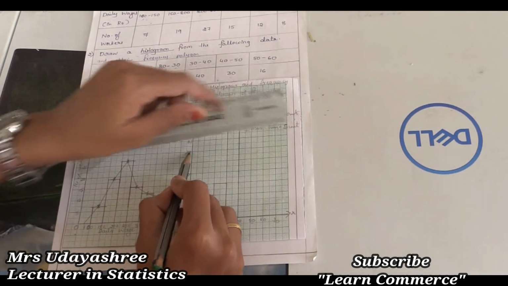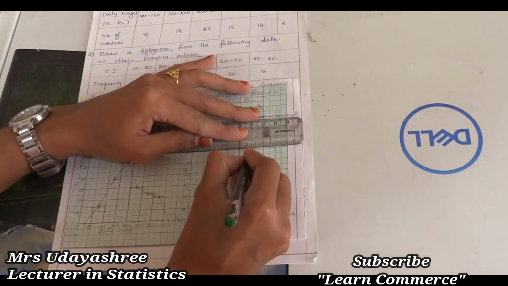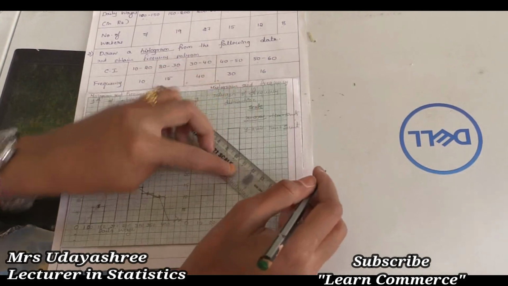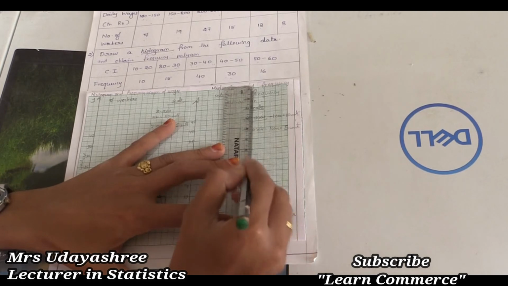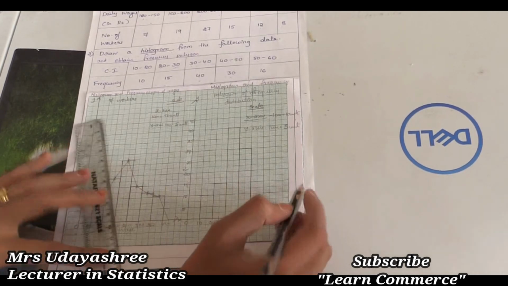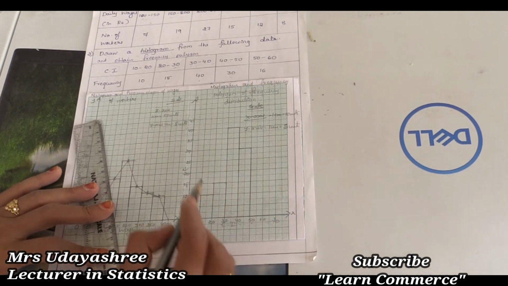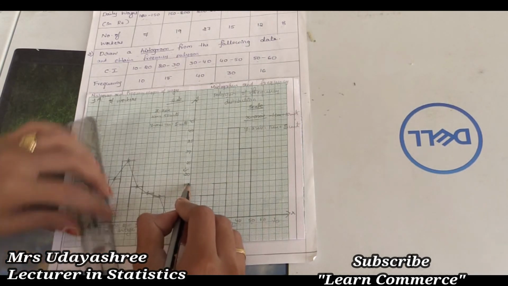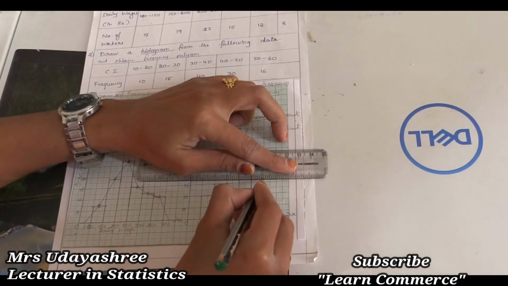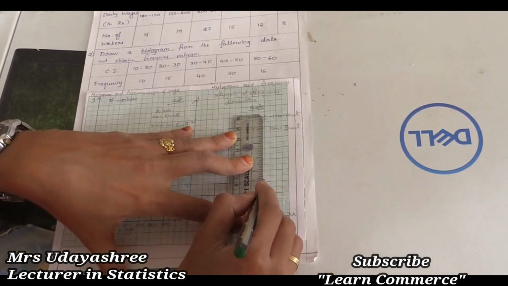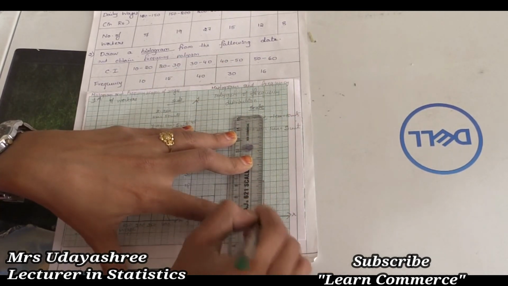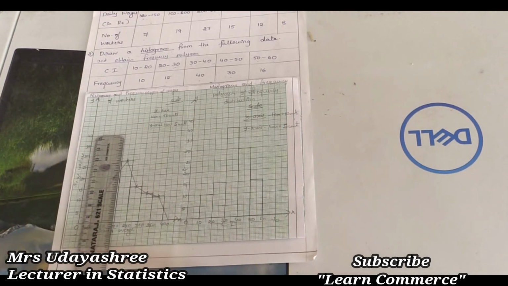So 30 is here. Next 50 to 60, the corresponding frequency 16. See 15 is here, 16 comes here. Okay, this is all about histogram.